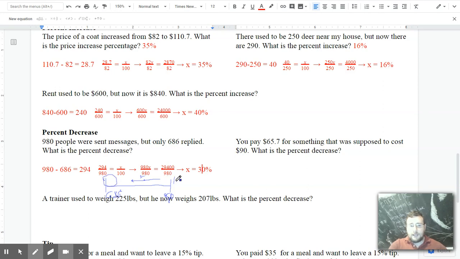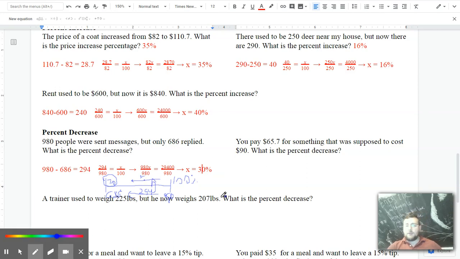Now, because the 980 is where you started with, the 100%, if this answer is 70%, your decrease is actually 30. This is why I prefer to use the difference. If you use the 294 instead, then your answer will be directly the answer you want, which is the 30%.